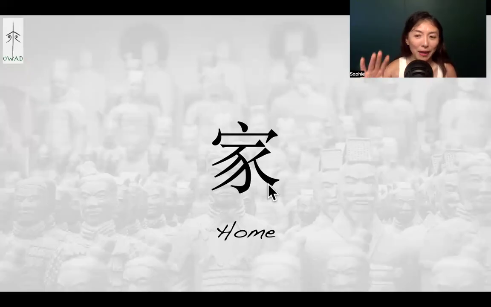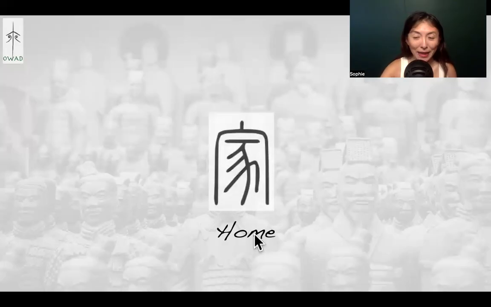We don't use this pig character on its own that much in contemporary Chinese because we have zhu, but shi, pig under the shelter, signifies food security, because in ancient times, every household had to grow their own food. Either you grow your own farm, a garden or farm that you can harvest and eat, but for protein, for a meat source, pig farming was, I guess, the major protein source back then.